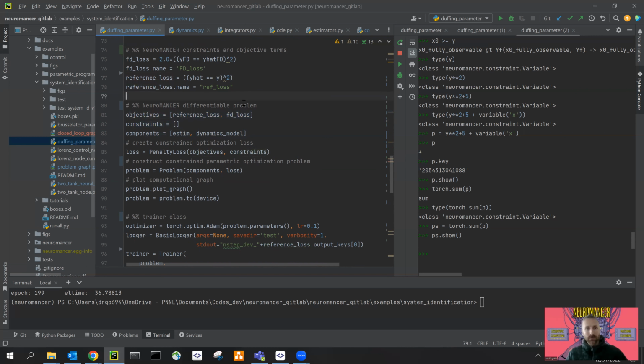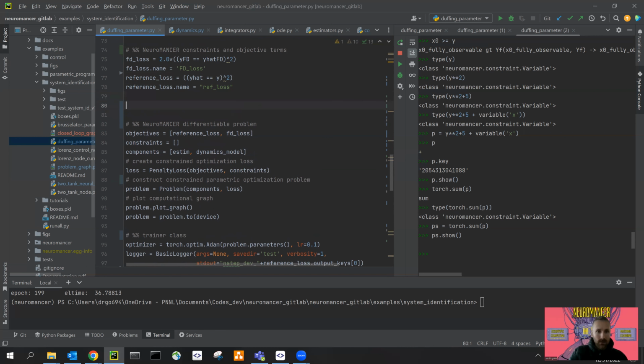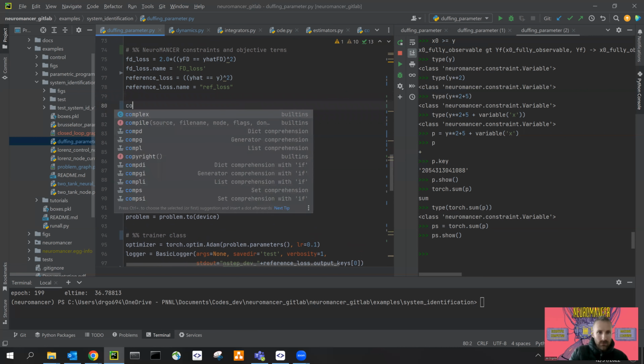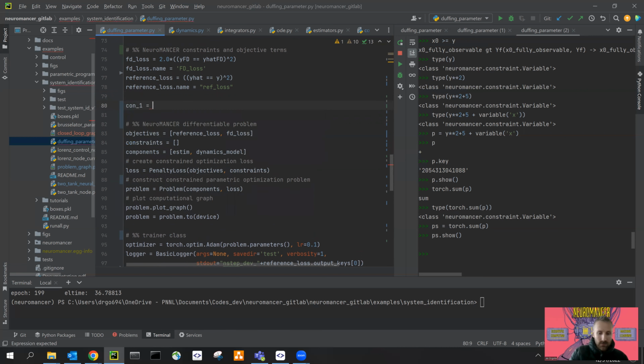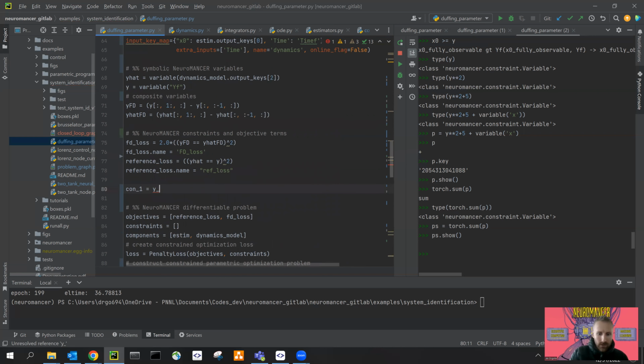So you could go on and on. You could say constraint 1 equals that y hat less or equal 0.